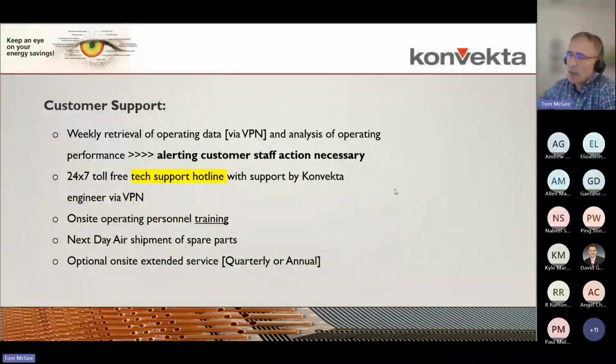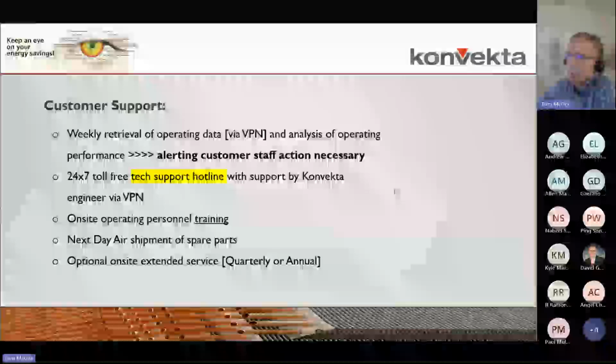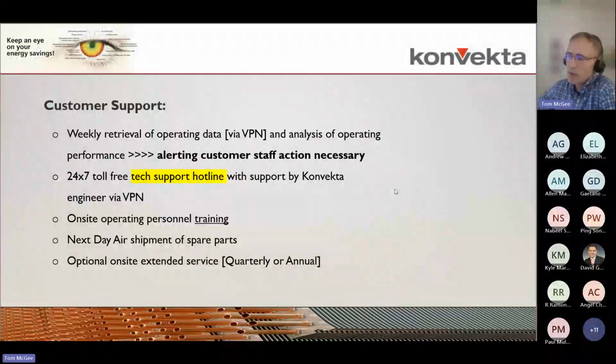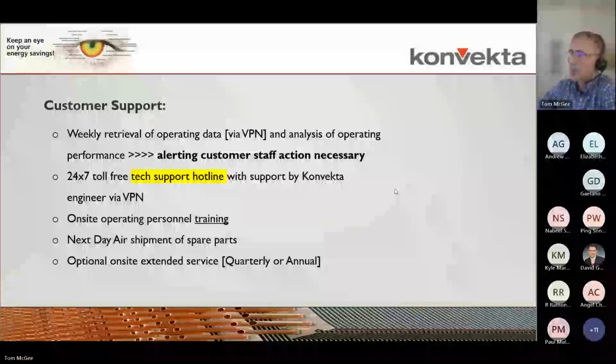And then we've got some extended service options as well, be it quarterly, or typically an annual inspection, where a factory trained service technician would come on site. As a part of that, we extend the monitoring beyond that first year that's included in a standard contract.